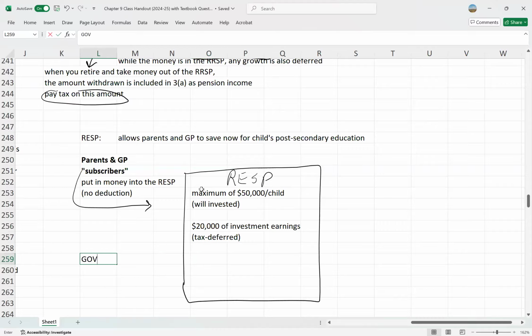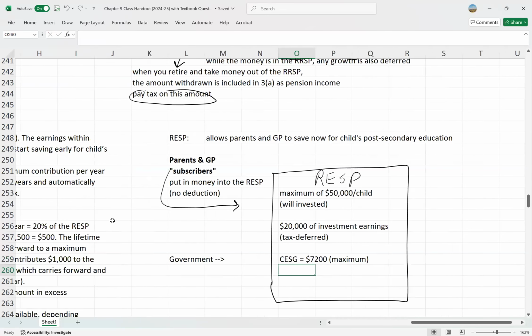Now, the government tries to encourage parents to put money into an RESP. So the government will also put in what's called the Canada Education Savings Grant. The maximum that the government will put in over the life of this RESP is $7,200. There are some rules that I talk about over here.